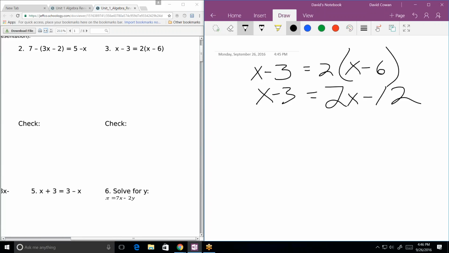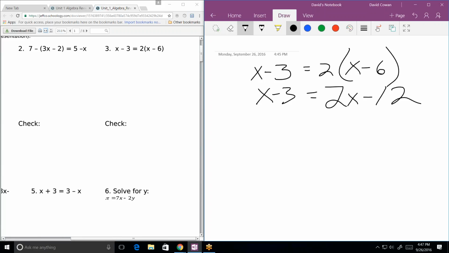Maybe let me subtract the x. Yes, let me stop you here for a moment. In every equation, at some point, you have to decide whether you're going to put your x's on the right and your numbers on the left, or the other way around. Either one is correct. But you always want to deal with positive numbers if you can.